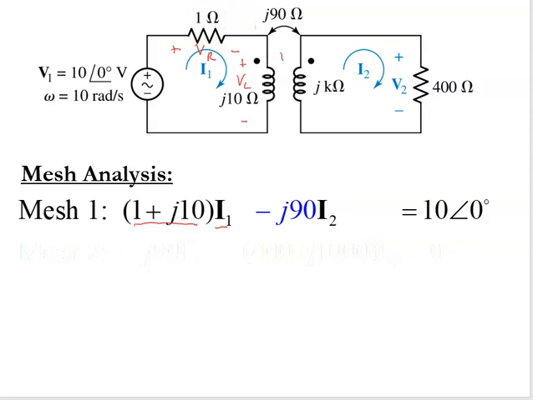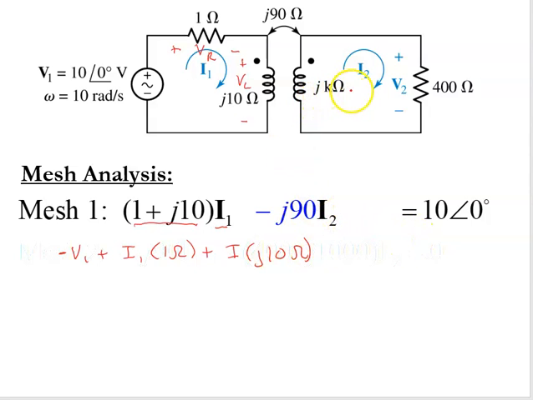So when we do that, what we have is negative V1 plus I1 times 1 ohm plus I1 times j10. If we wrote our KVL, it'd be negative V1 plus I1 times 1 ohm plus I1 times j10 ohms.